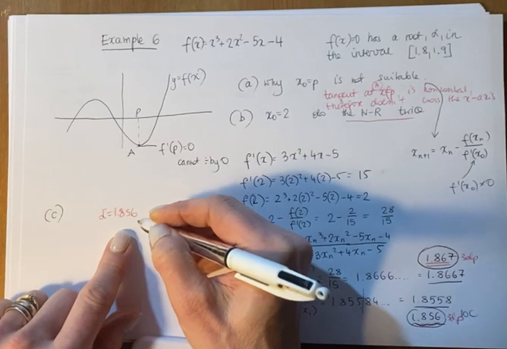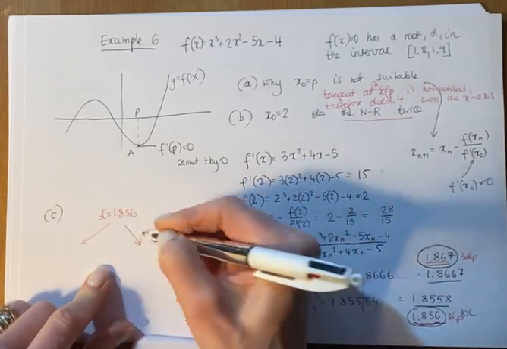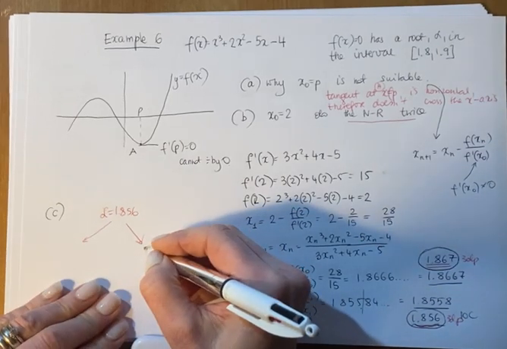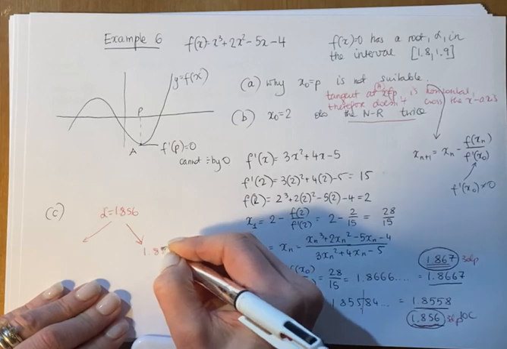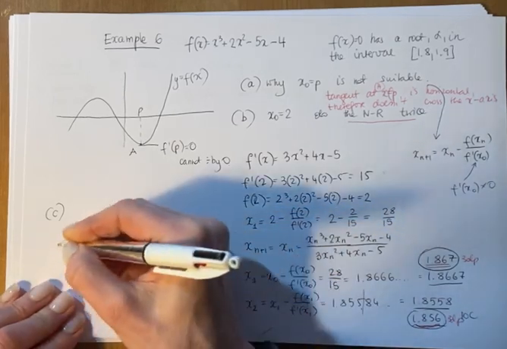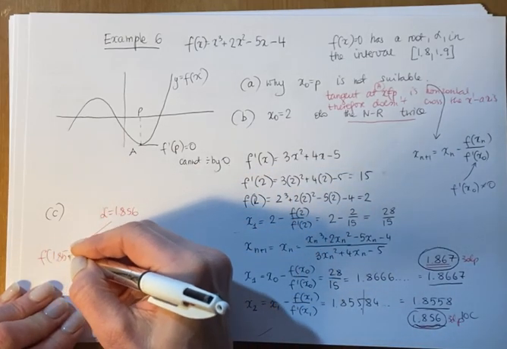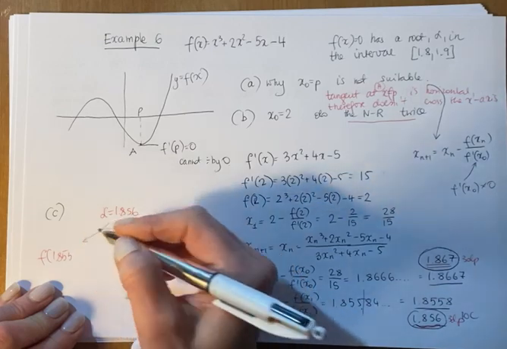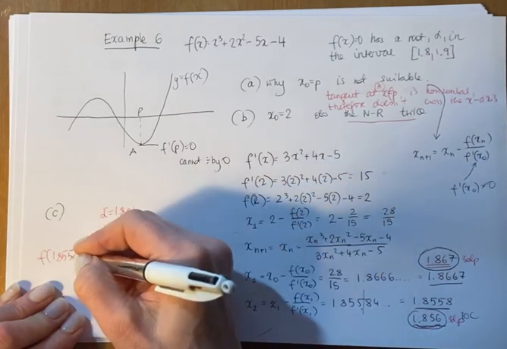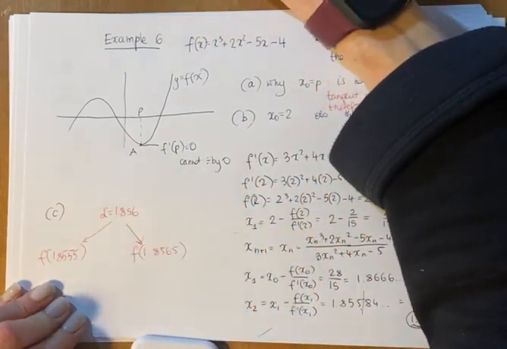If it's correct to 3 decimal places, what you need to show is that there is a change of sign using the bounds. That's what I tend to use. So we're going to use the upper bound 1.8565, and we're going to sub it into our function, and we're going to use the lower bound, 1.855. Okay, so we're going to sub these in.